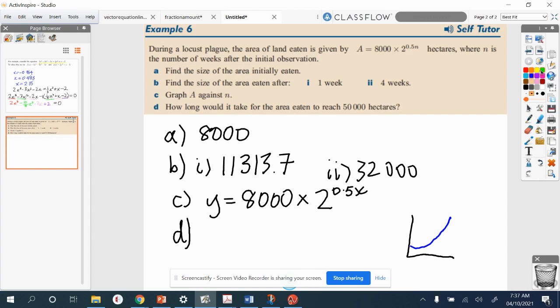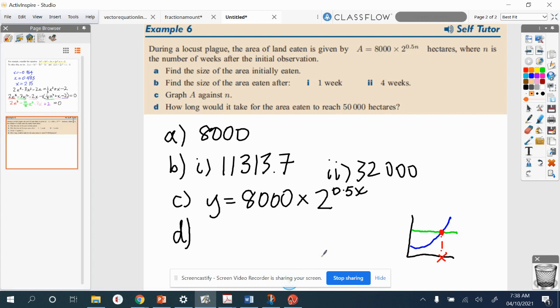And what you could do is draw the line y equals 50,000 on your graph, and then see where they intercept. So where your graph meets y equals 50,000, you would then be able to see the corresponding x value of your intercept.